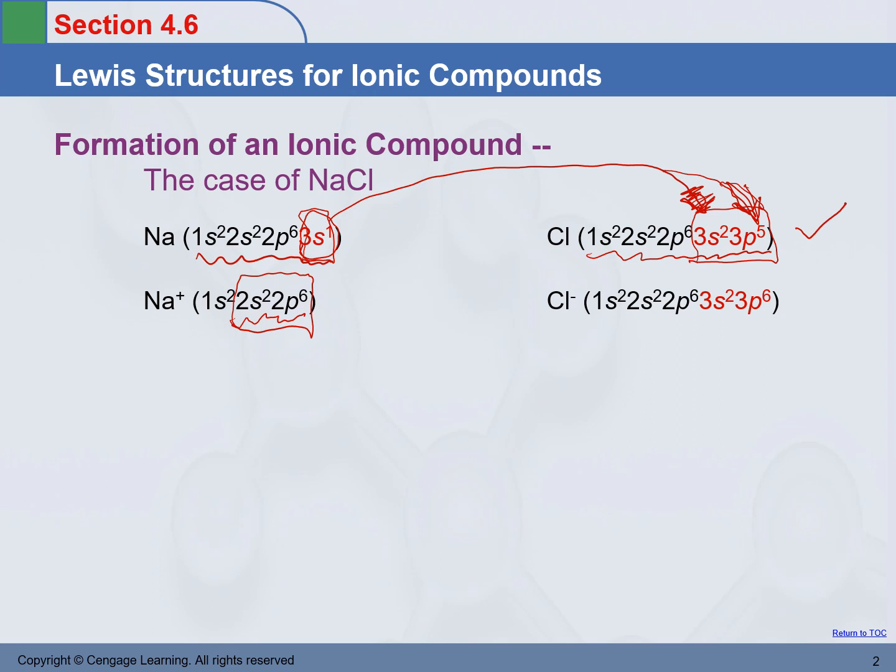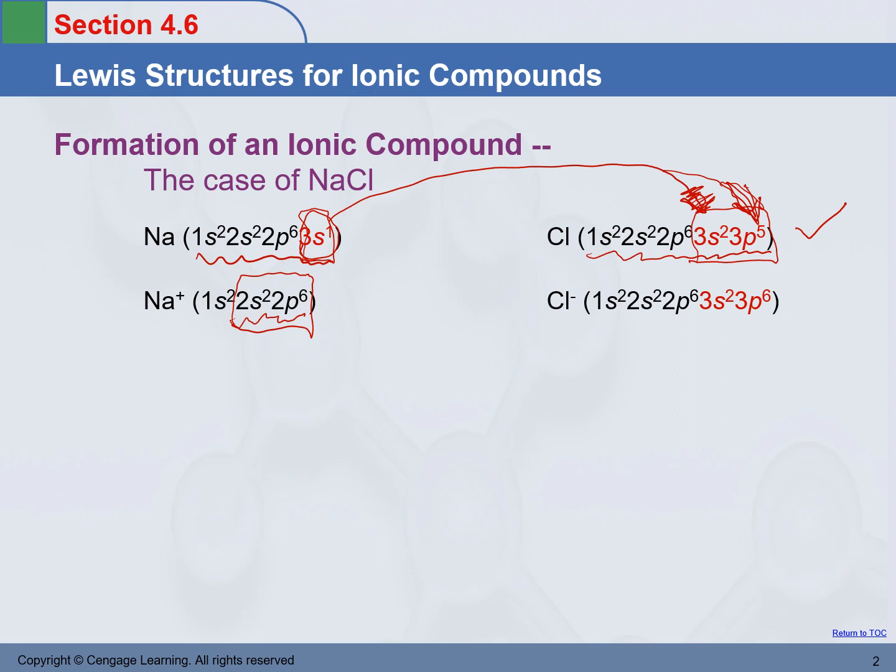Suddenly, it becomes more stable. Sometimes it happens in the real world all the time: giving up something could be a very rewarding process. Chlorine, you want to take my electron, go ahead, I'm going to give it up, and now I become more stable. That's the first amazing consequence of losing an electron.